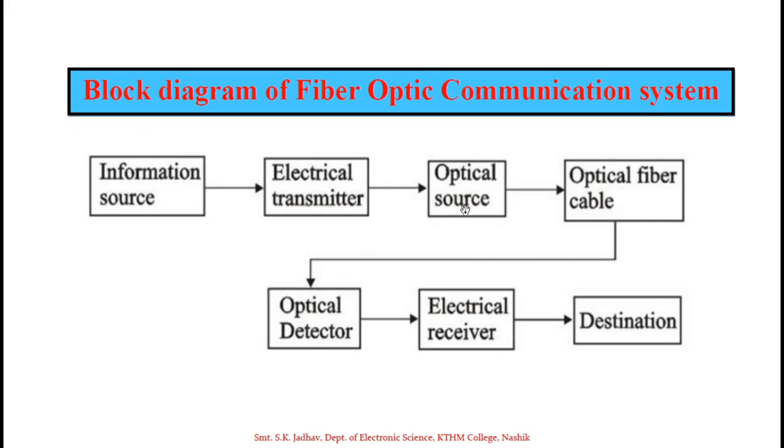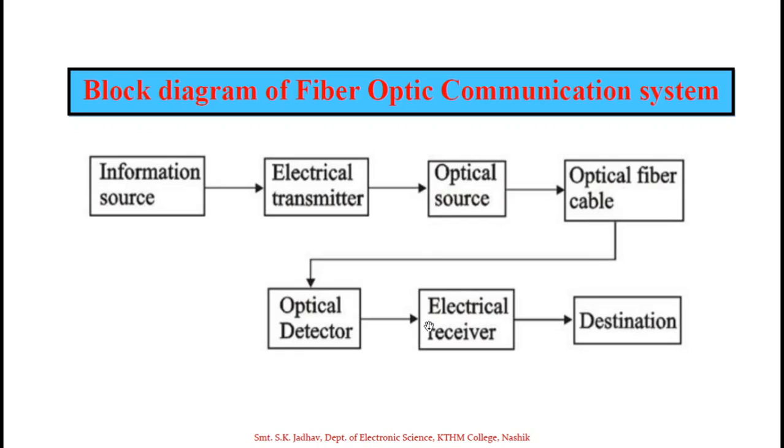The output of the optical source, that is the light signal, will be transmitted through the fiber optic cable, and it will be received in the receiver circuitry with the help of the detector, which is used to convert the light signal again into electrical signal.